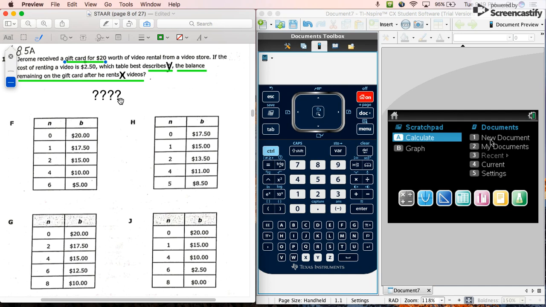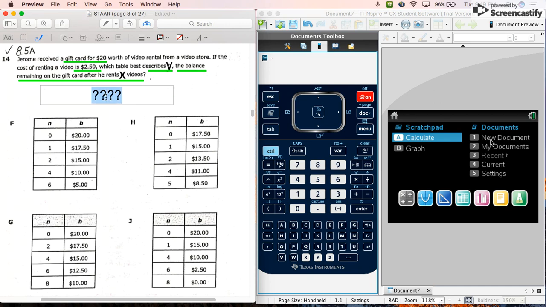So I also know that every time I rent a movie, I'm going to reduce the amount of money on the card. So although this is $2.50, I know that's going to be my slope, but since money is decreasing, it's going to be a negative $2.50.